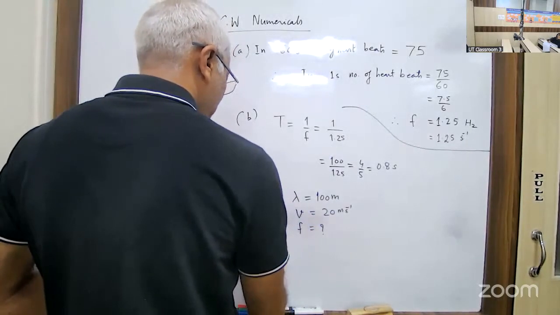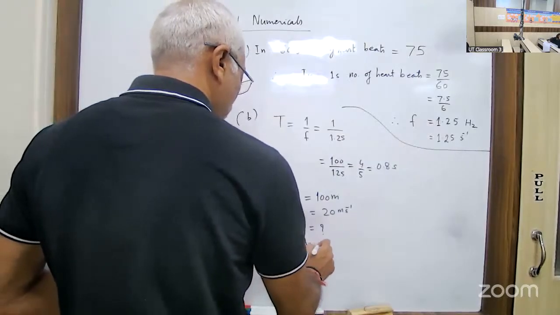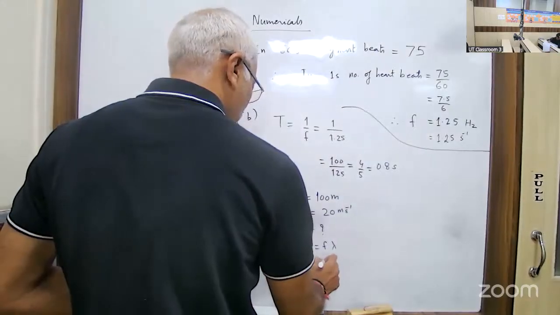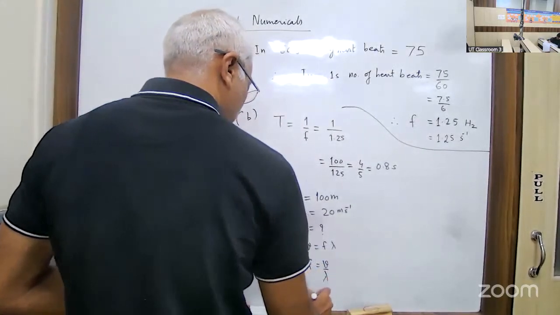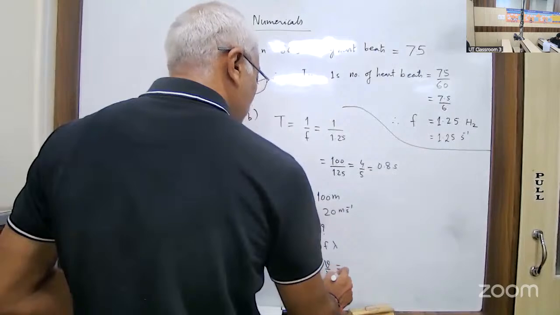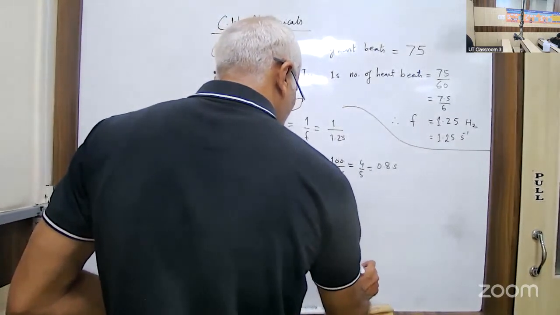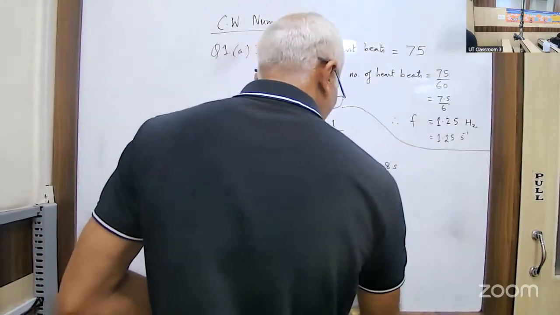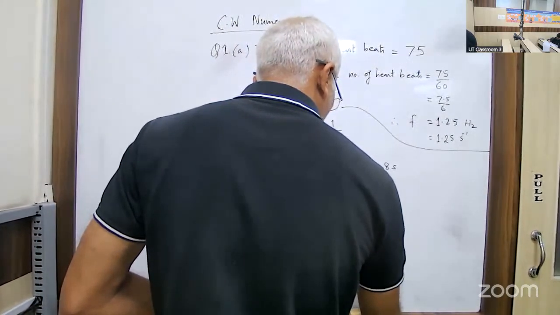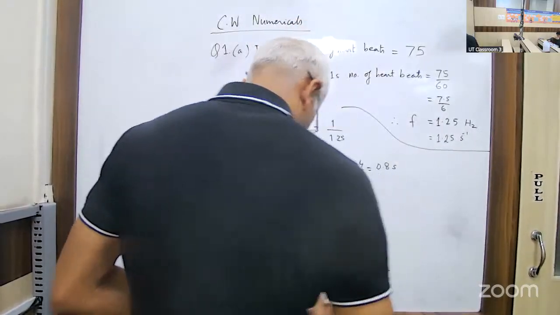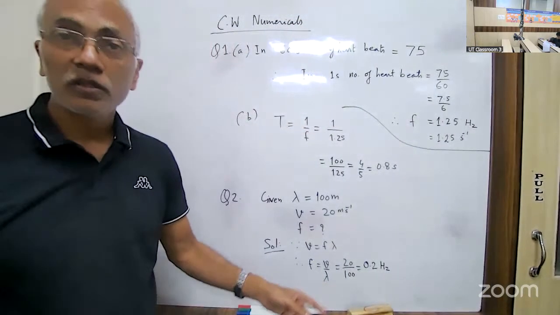So that should be easy since V is equal to F lambda. Therefore, F is equal to V by lambda. 0.2. So the answer is 0.2.